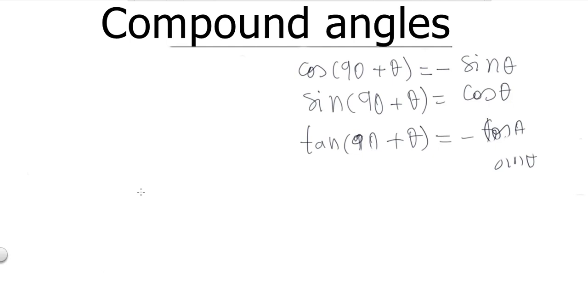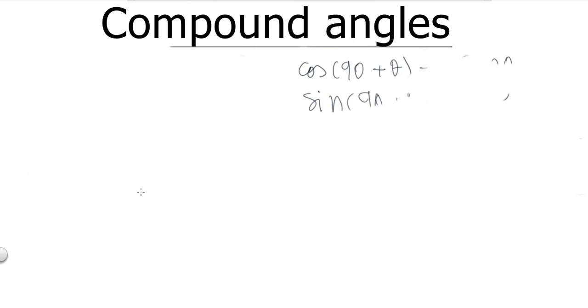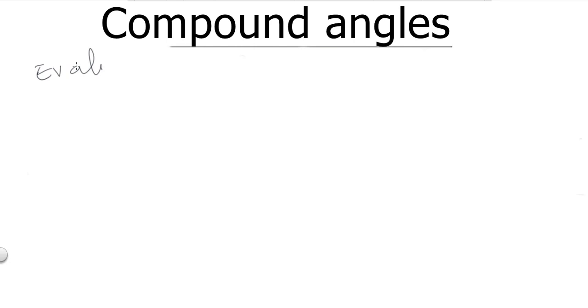If you know the compound angles, that will be very simple for you. For example, a small example: if they say evaluate or calculate the value of sine of 75 degrees.